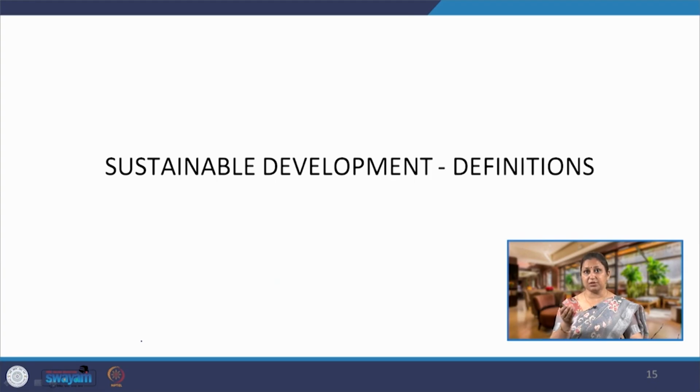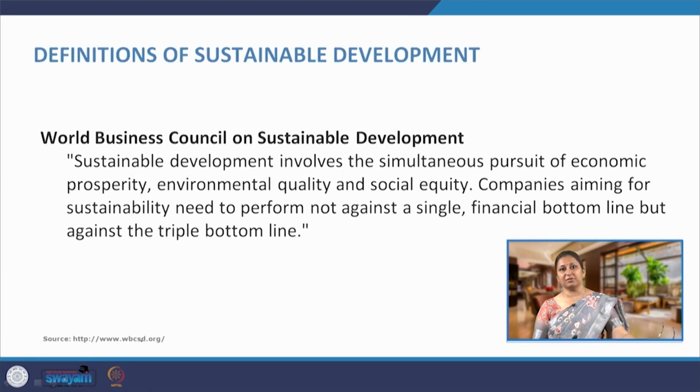I will come to all these definitions, but sustainability is the ultimate goal and the means to achieve sustainability is sustainable development. They have very similar and sometimes confusing definitions, but sustainable development as per WBCSD, the World Business Council on Sustainable Development, involves the simultaneous pursuit of economic prosperity, environmental quality and social equity.